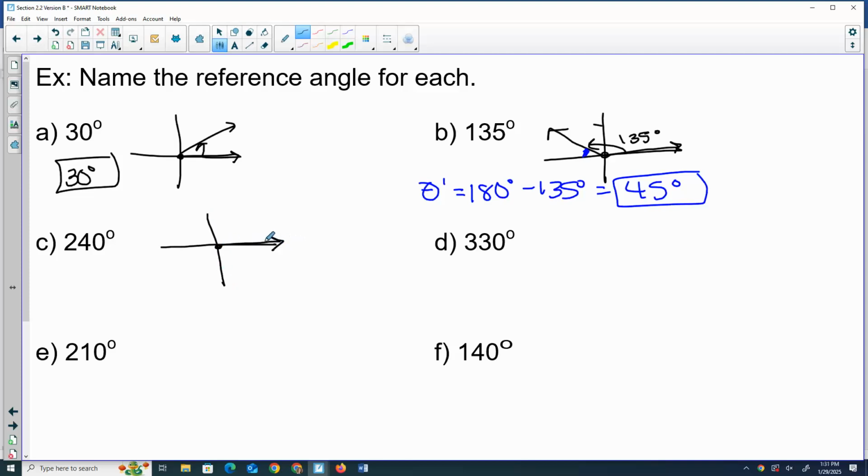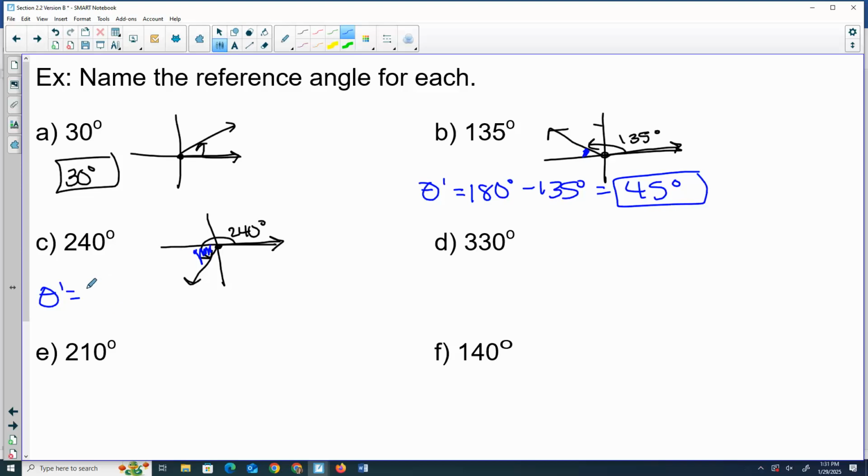I said 240 degrees. So it starts here, 90, 180, this would be 270, so it would end somewhere in here. So this distance is 240 degrees. Reference angle is how far it is to the x-axis. So that's going to be this angle right here.